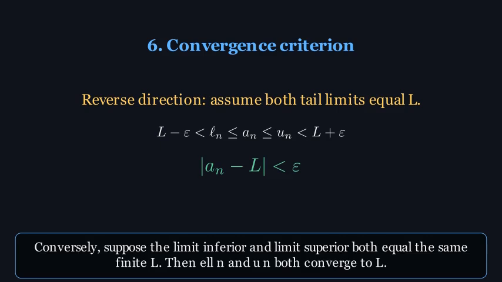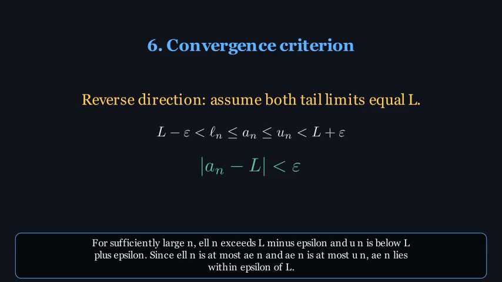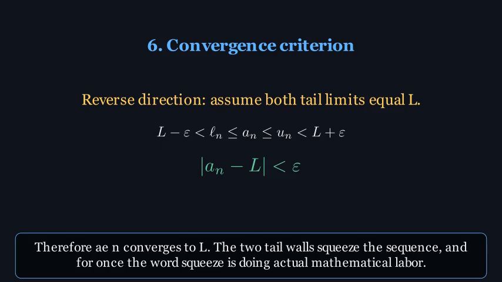Conversely, suppose the limit inferior and limit superior both equal the same finite L. Then l_n and u_n both converge to L. For sufficiently large n, l_n exceeds L minus epsilon and u_n is below L plus epsilon. Since l_n is at most a_n and a_n is at most u_n, a_n lies within epsilon of L. Therefore a_n converges to L. The two tail walls squeeze the sequence.